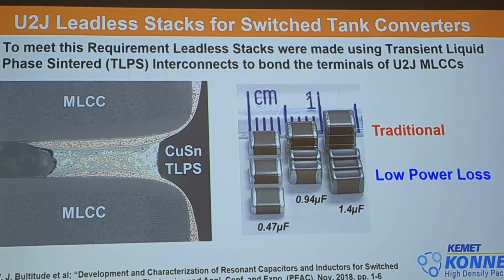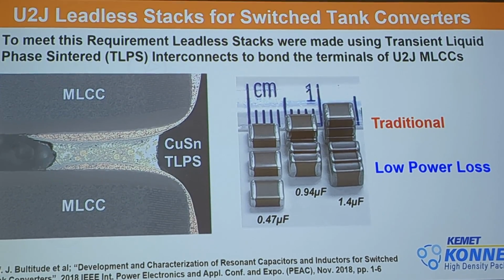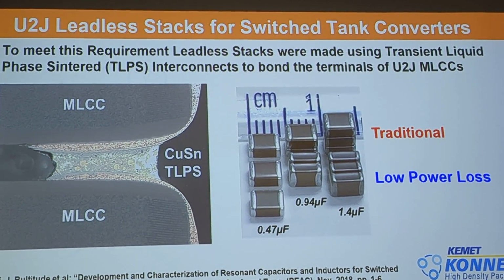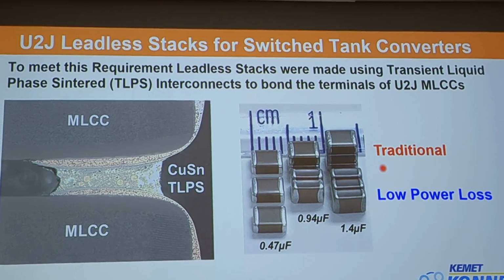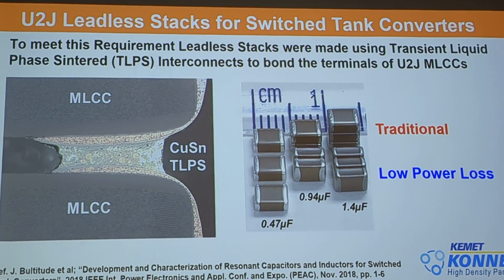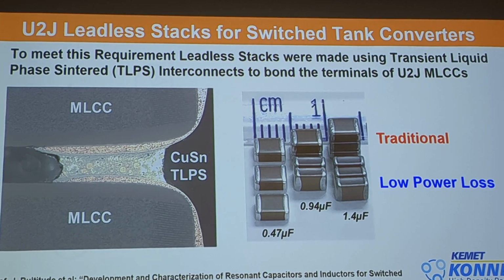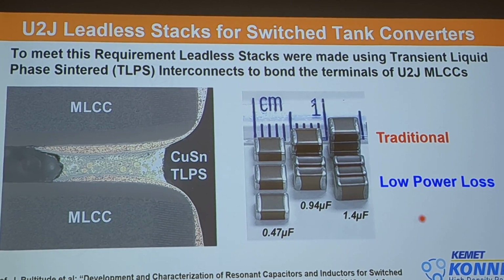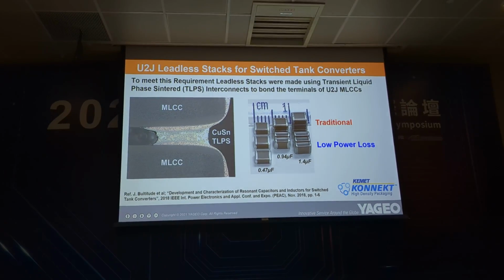This is another example. The U2J Lidis stack for the switch tank converter applications. And we have two orientations. The traditional one is just the MLCC stack. And the other one we call the low power loss orientation. They just put it down this way. We call it the low loss orientation.